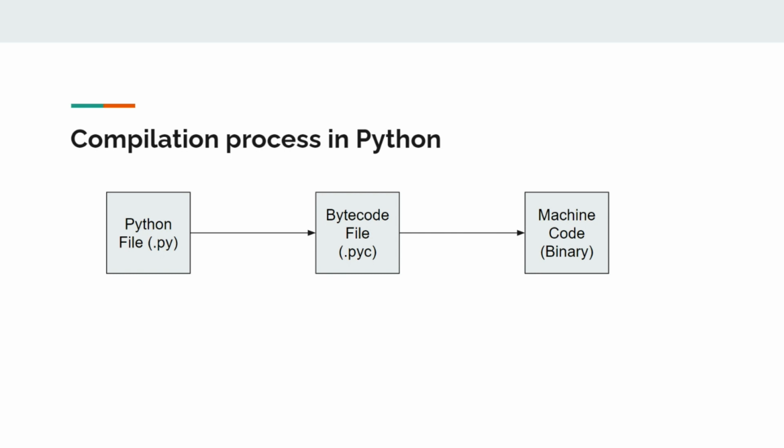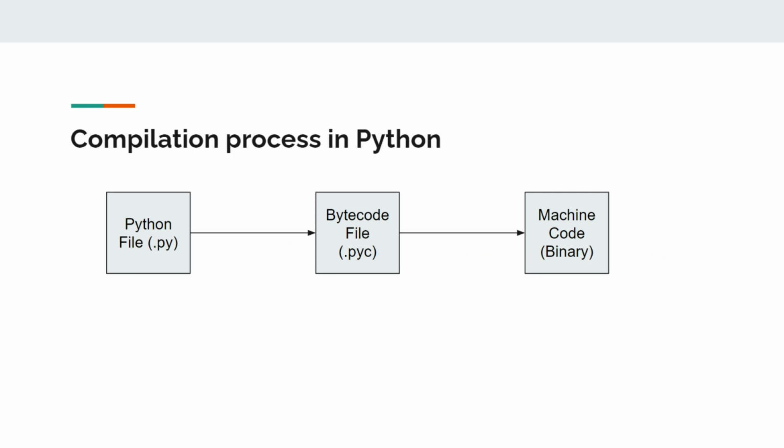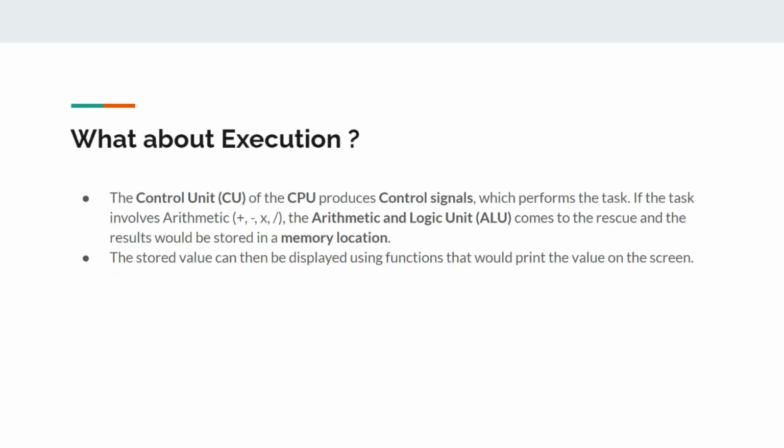Then the bytecode file will be converted to machine level, which is nothing but the binary file. The system would receive the binary file, execute it, and provide the output to the code editor, which is why we are able to see the output 7 in the editor.